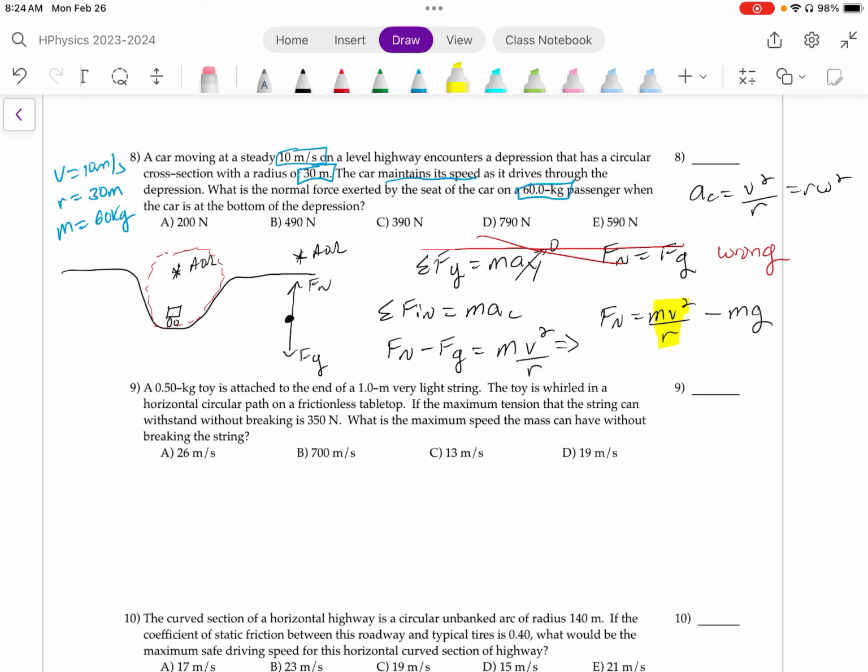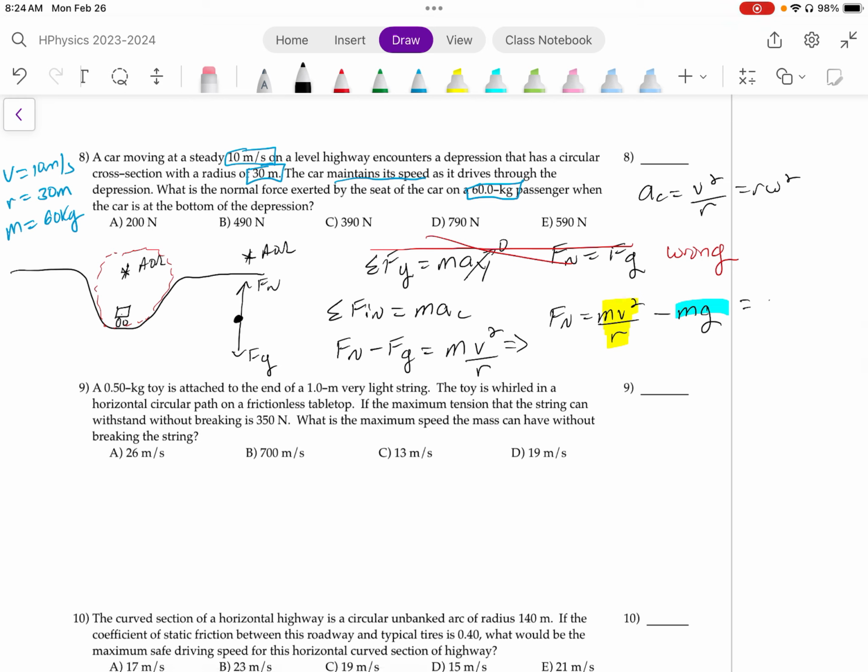That number gets larger. This value for force of gravity is constant, and so the faster I go, the larger the first term in that equation gets, so the larger force normal gets, which makes sense. The faster you go on a roller coaster at the dip at the bottom, the more you feel yourself getting shoved into the seat.